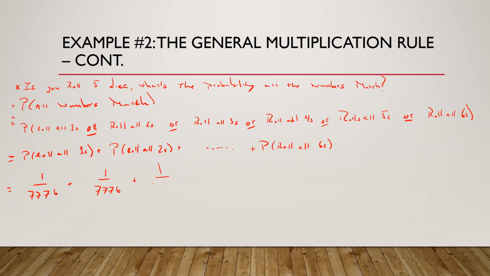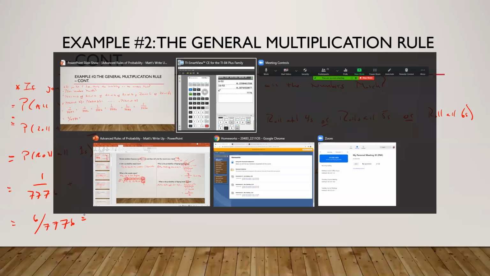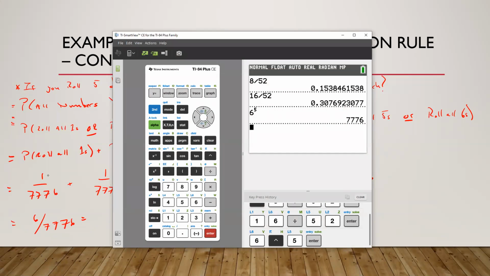So you would add this together 6 times. So this would just be 6 in 7,776, which I think reduces to 1 in 1,296.